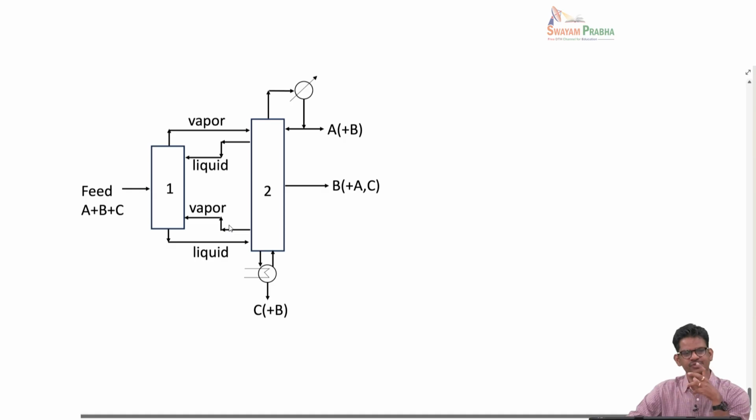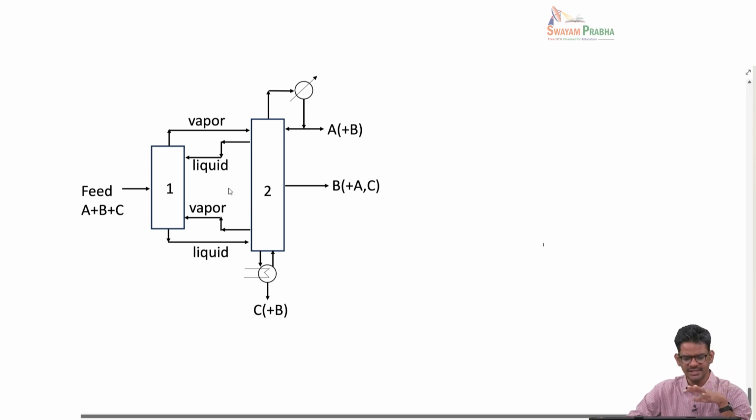Okay, so you can also think about much more complex designs like this, and there are n number of such choices one can make. And like I said before, which one will be successful, which one will be chosen is again determined by the economic considerations and what purity we want and so on.